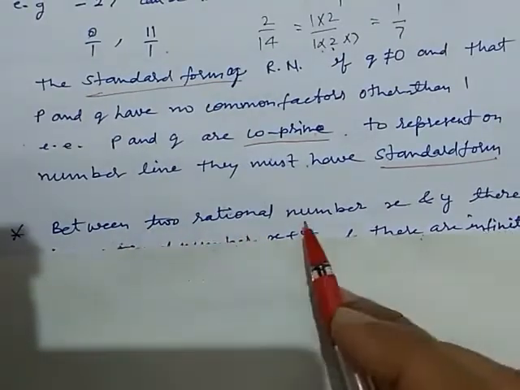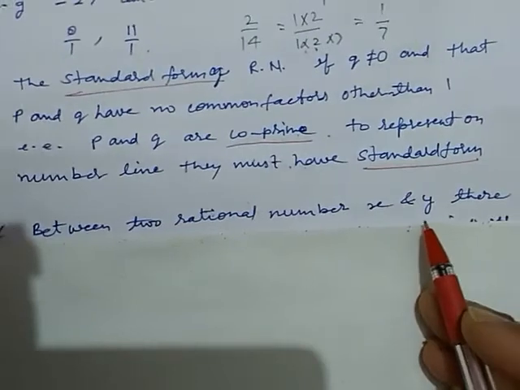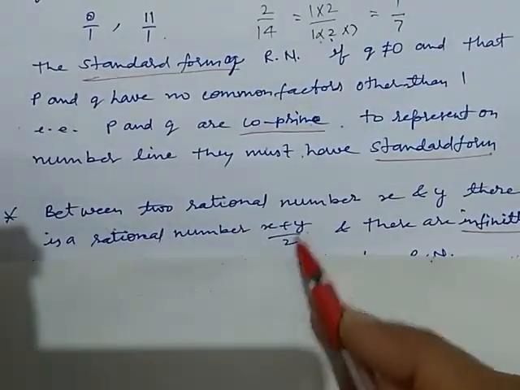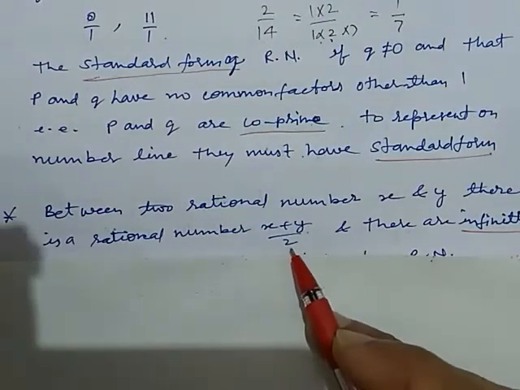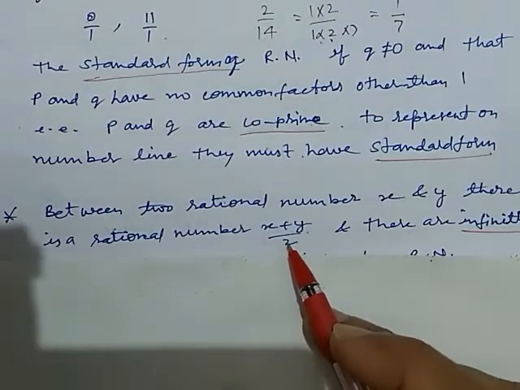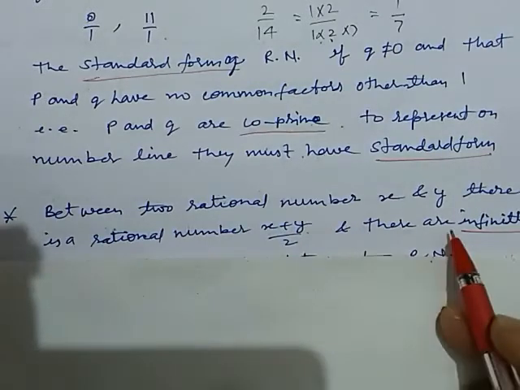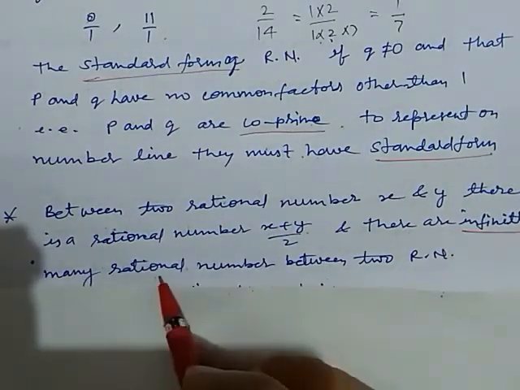Between two rational numbers x and y, there is a rational number x plus y by 2. That is, if we take the average or mean of the two numbers x and y, we get x plus y by 2, and there are infinitely many rational numbers.